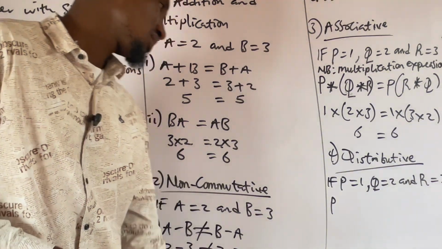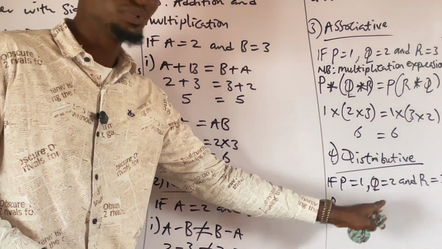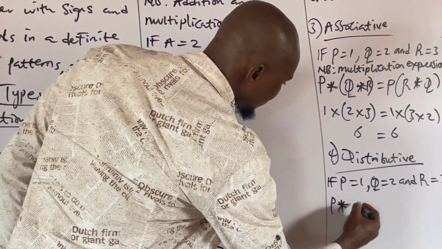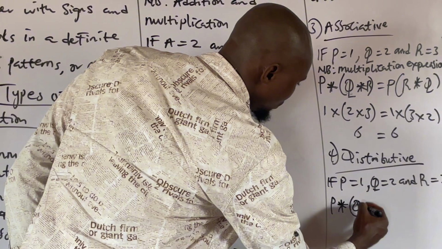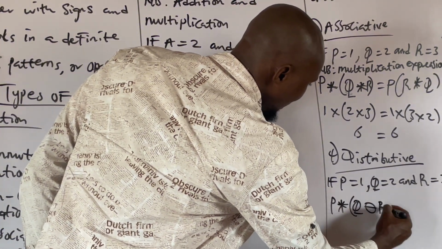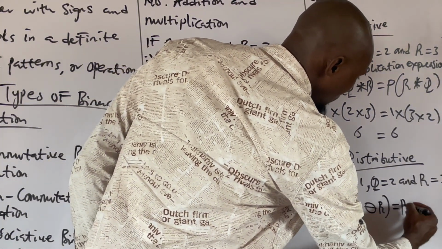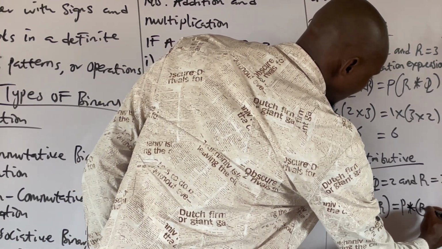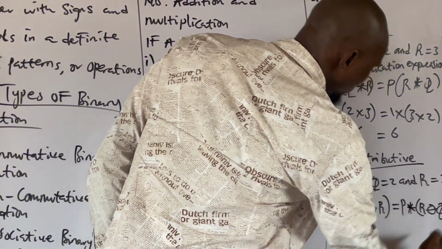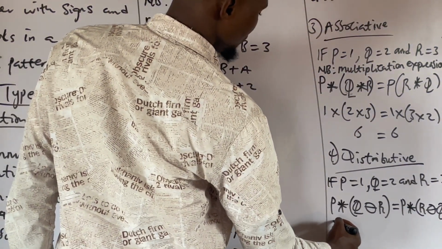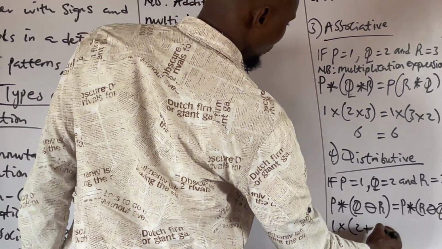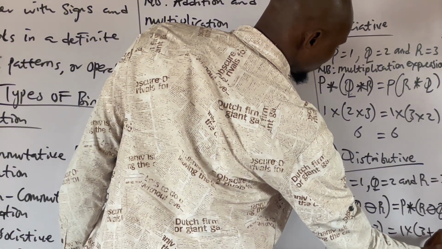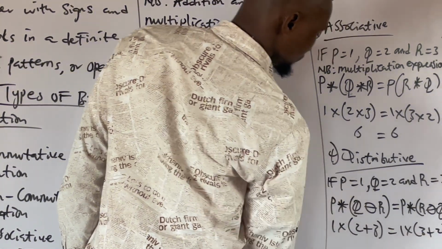So distributive has to do with both multiplication and addition. This one is P asterisk bracket Q plus R, equal to P asterisk bracket R plus Q. This simply means P is 1 times bracket 2 plus 3, equal to 1 times bracket 3 plus 2.